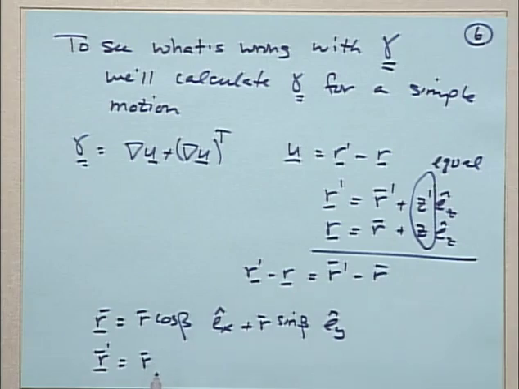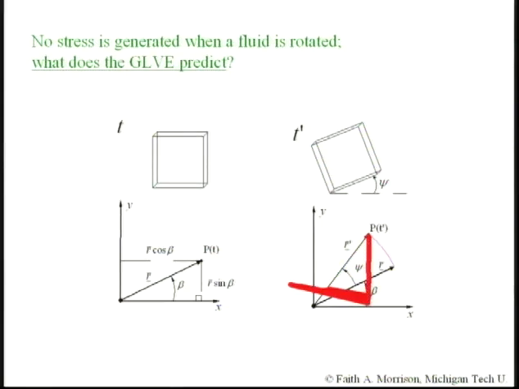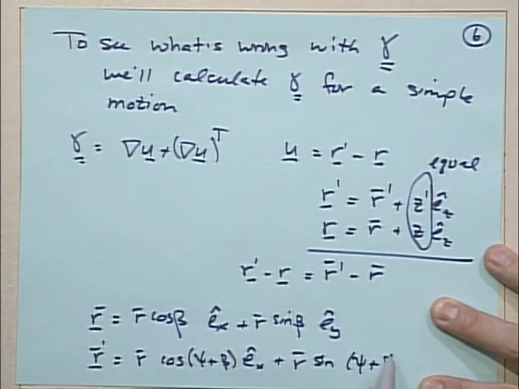And then the x component is going to be cosine of the combined angle. Okay, so if I drop this down here, this part here is cosine of the combined angle, this part is sine. So what do I have here? R bar prime is r bar cosine of psi plus beta ex plus r bar sine of psi plus beta ey.